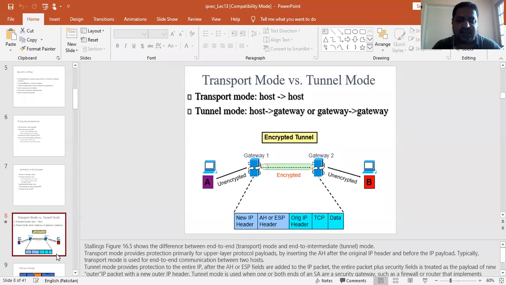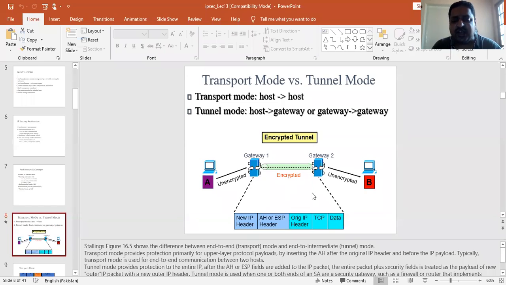So this contains the information about that. Using that mode, we can add the security to the packet.